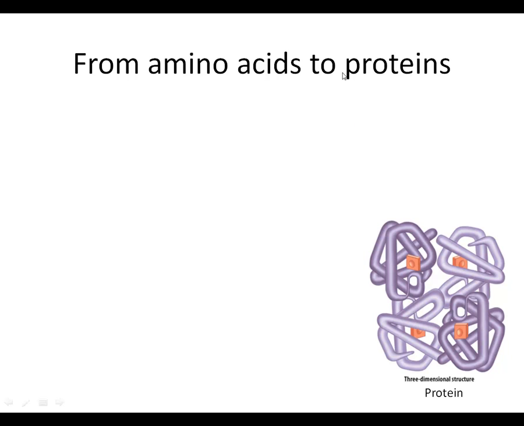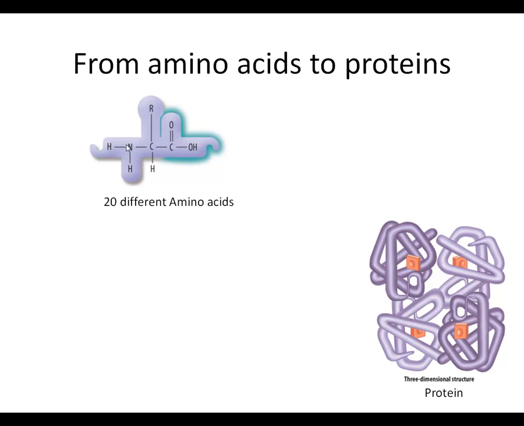So let's talk about how amino acids get to be this. So first of all, you have 20 different amino acids, meaning there are 20 different types, but to make a protein, typically you need about 100 to 1,000 amino acids. It may be 5 tryptophans, 50 glycines, 20 alanines, whatever. The combination is different for each protein, and that is dictated, of course, by the sequence of the RNA.